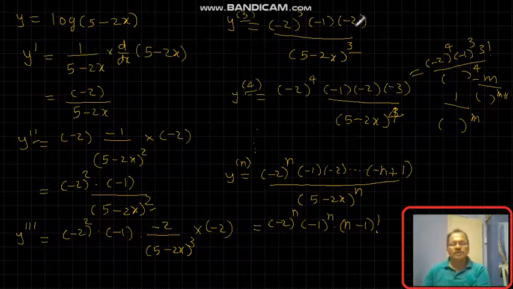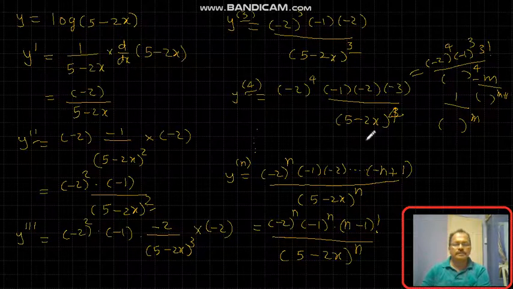This is because 2 into 1, that is 2 factorial, for the third derivative, and for the fourth derivative it is 3 factorial. So for the nth derivative it is (n − 1) factorial divided by (5 − 2x) bracket raised to n. This is the nth derivative of log(5 − 2x).